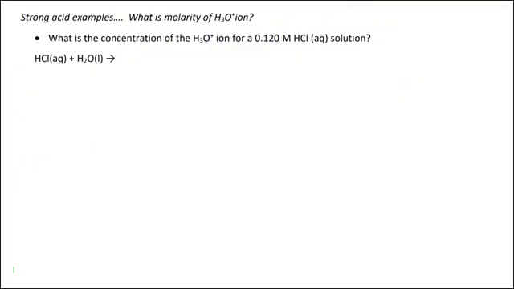Okay, so we are going to take a quick look at a strong acid example. Here we know that it's an acid because it's starting with H, and that we are going to get a hydronium ion once the H from HCl donates itself to water.